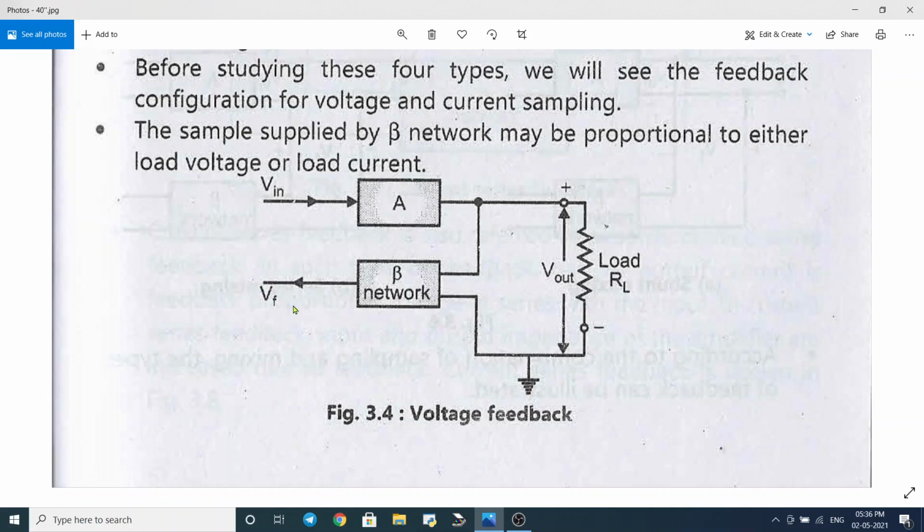If the feedback voltage is proportional to the output voltage, the load voltage, then it is called voltage feedback. And if the sample, that is the feedback voltage, is proportional to the load current, the current through the load, then it is called current feedback.